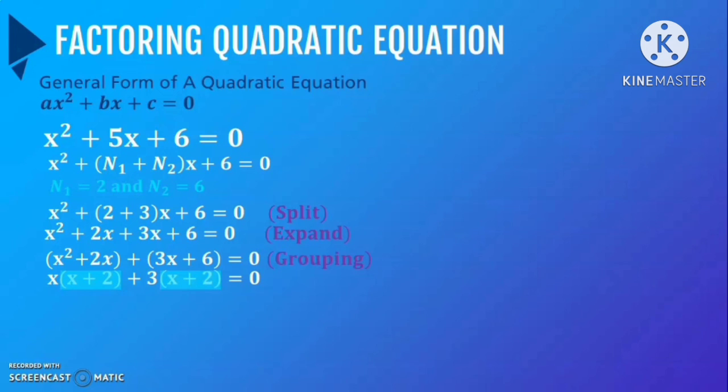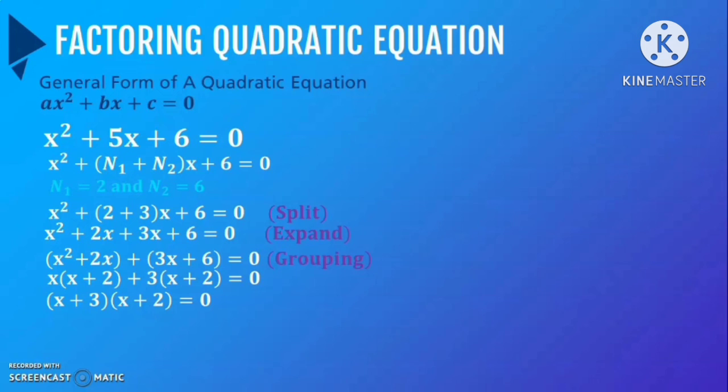Taking this common factor out from both terms, we get this. So this quadratic polynomial was factorized to this, and the two factors of the polynomial are x plus 2 and x plus 3.